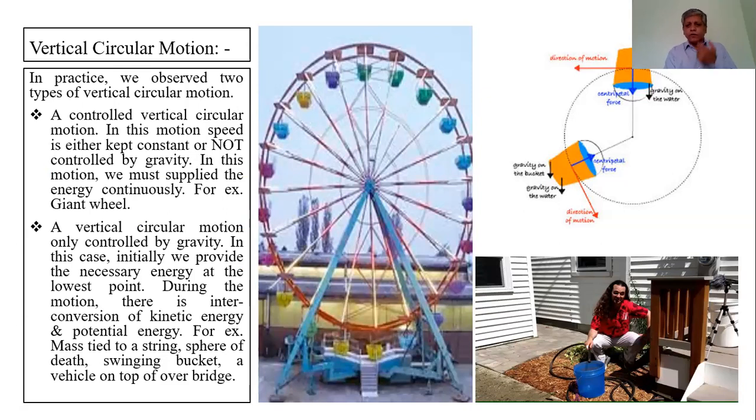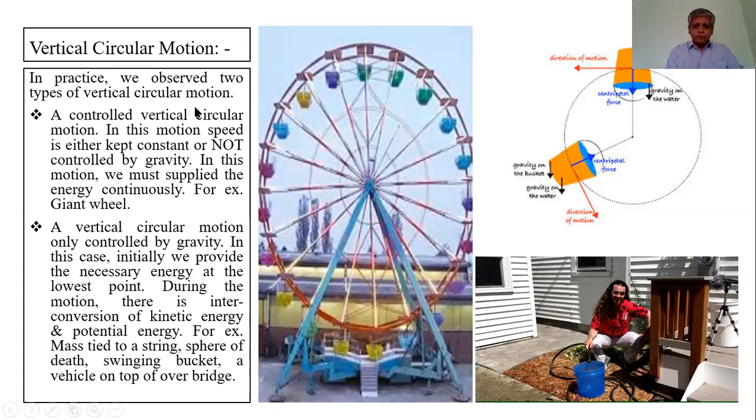Another vertical circular motion is fully controlled by gravitational force only, not controlled by human beings, but controlled by the gravitational force or gravity. These are the two types.